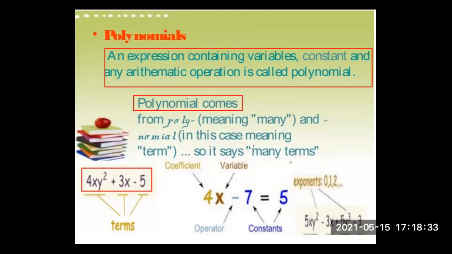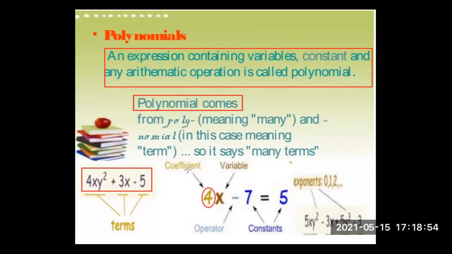Okay, next you can see from this that 4 we can call the coefficient. Instead of 4 you may get 5, 6, 7, 8.